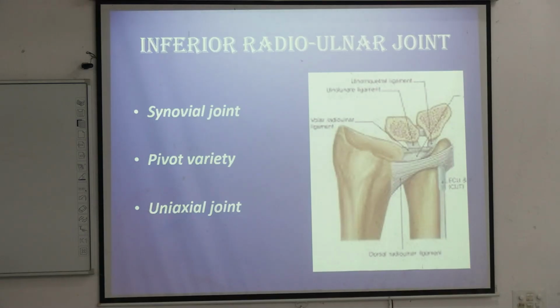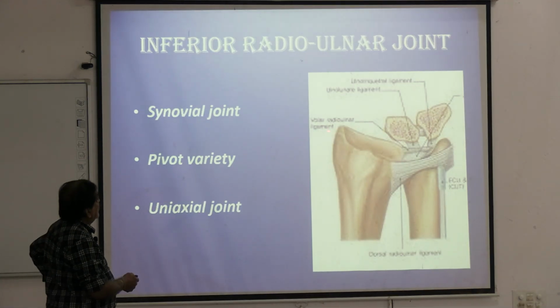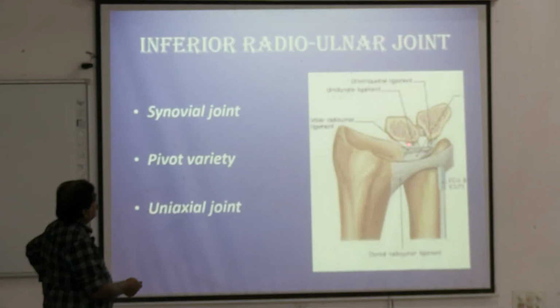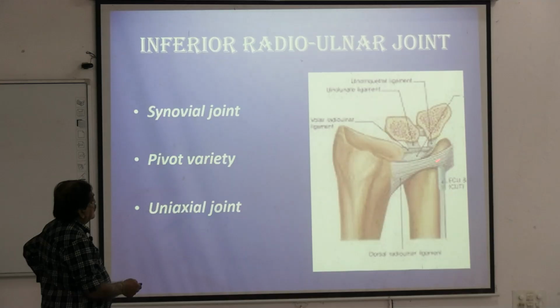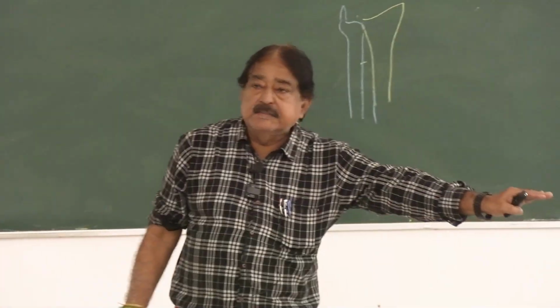Now, inferior radioulnar joint, it's a synovial joint, pivot variety, uniaxial. See, this is the fibrous osseous here. The radius and the ulna. This is the ulna. This is the radius. Radius at its lower end is broad, but old ladies, in the outstretched hand, she falls.